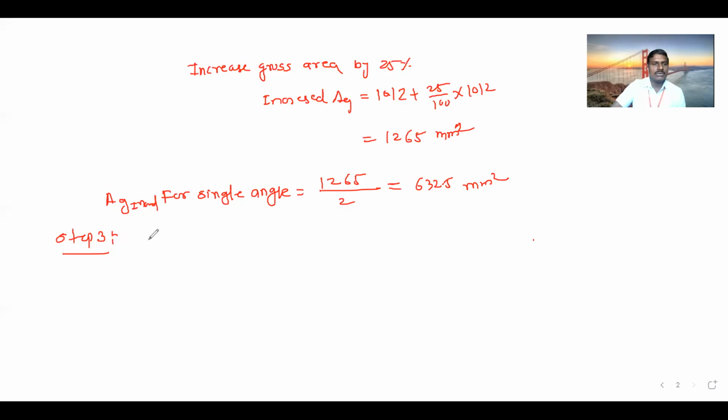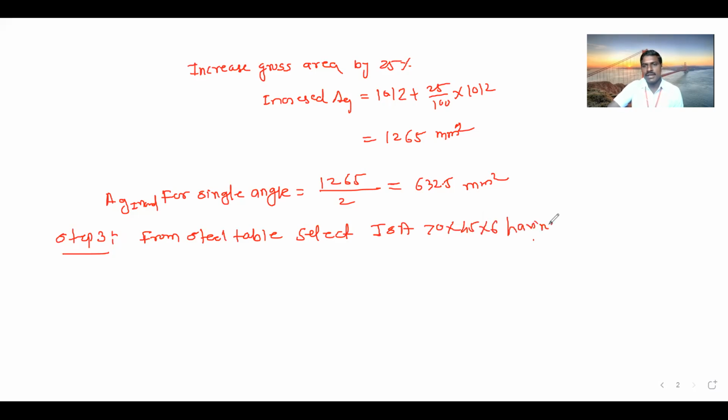Okay. So now write down here: from steel table select ISA 70 by 45 by 6 having gross area equal to 656 mm square.